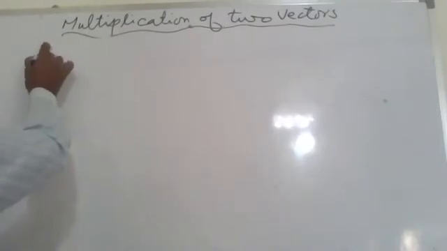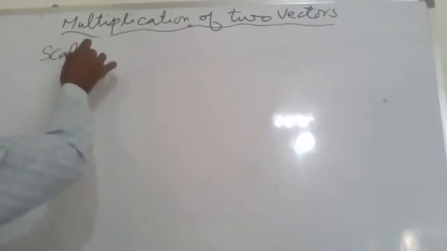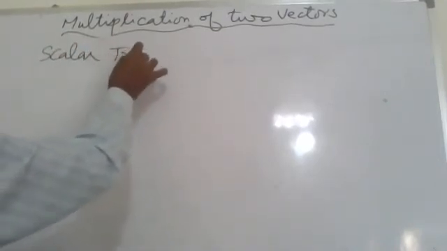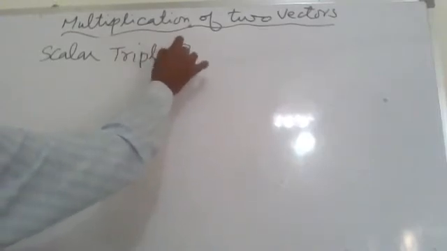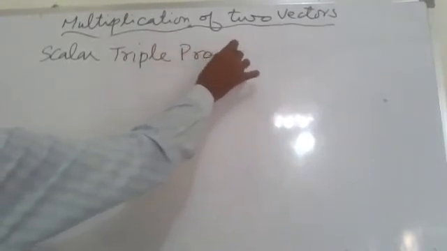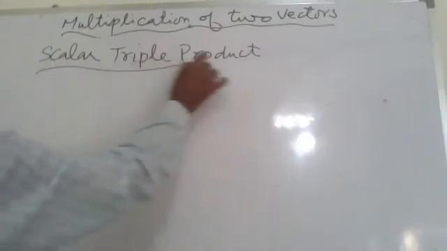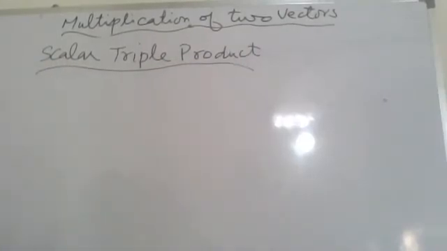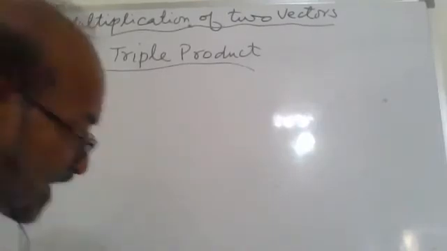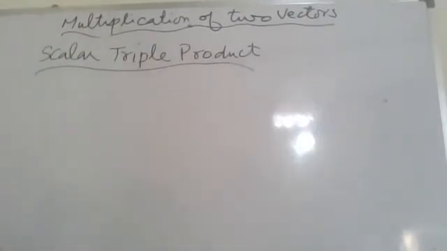Three vectors are multiplied in such a way that the answer is a scalar.